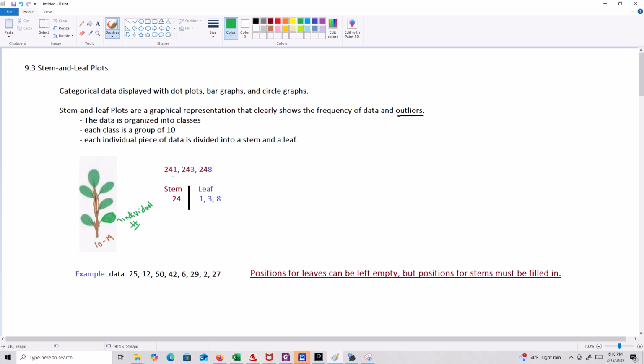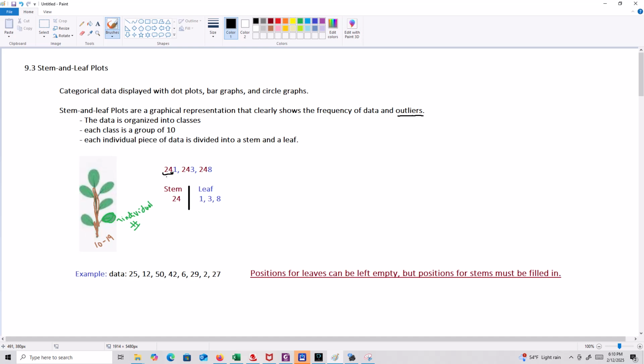So, for example, if my list was 241, 243, and 248, and I wanted to put that into a stem and leaf plot, I would first identify my stem, or actually how many stems I need. And all of these begin with 24. I want to look at the tens digit and greater, those greater place values, to find my stem.